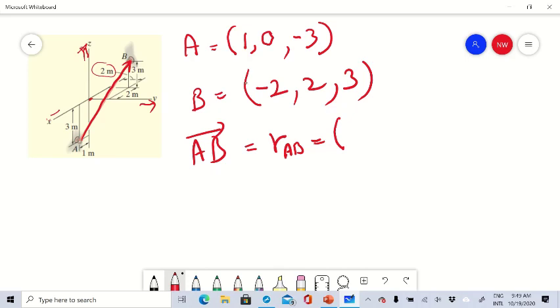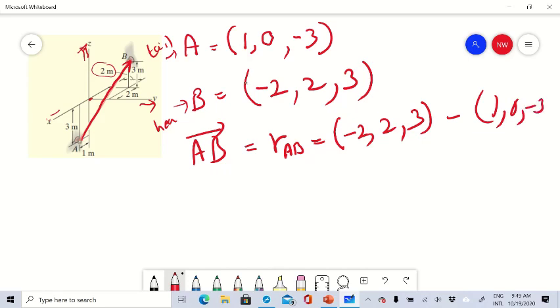So this is our head coordinates and this is our tail coordinates. Head coordinates are -2, 2 and 3, minus 1, 0, -3, right?